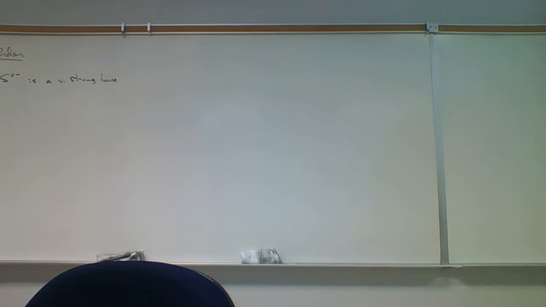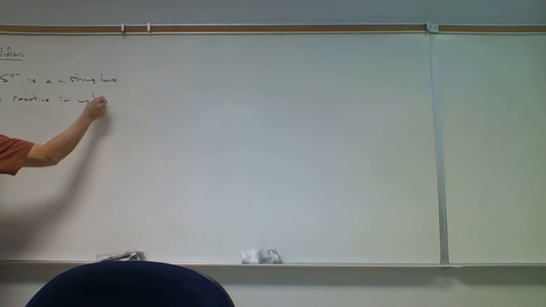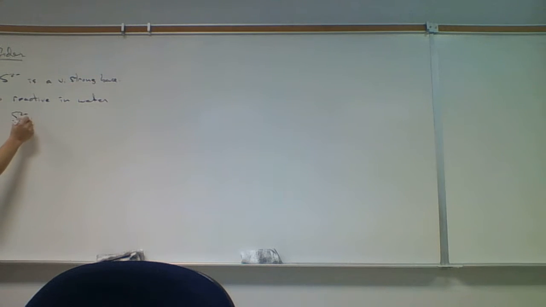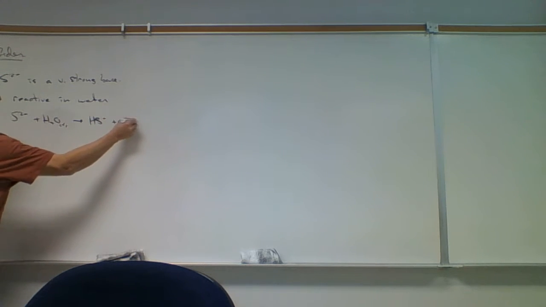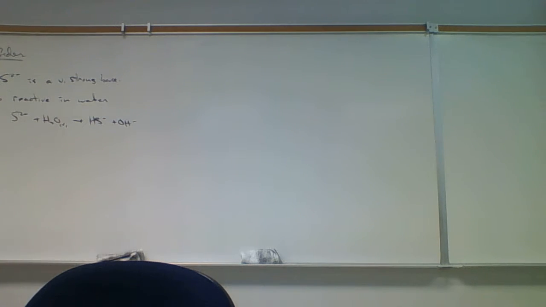It's too strong to exist in water. It's unstable because it's too reactive in water. Therefore, if we have S2 minus, it's going to attack the water completely to form HS minus and OH minus. OH minus is a much weaker base, HS minus also being a base.